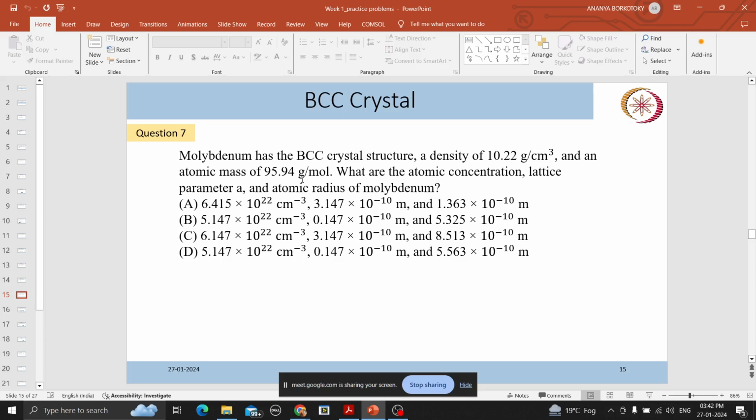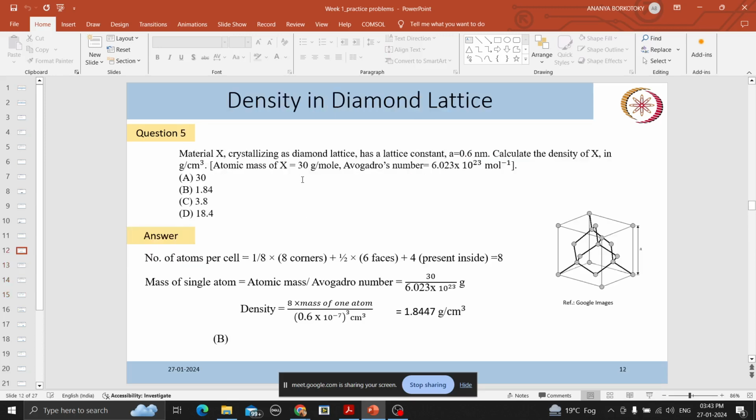What other parameter was given in the last question for diamond lattice? Yes, the lattice constant was given, along with atomic mass, and the density was to be calculated.